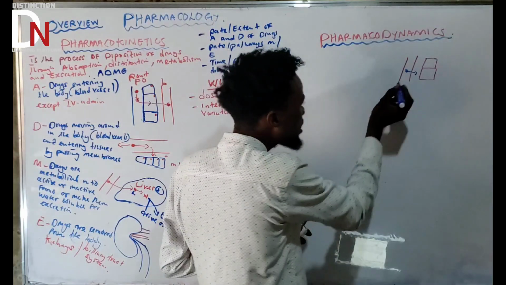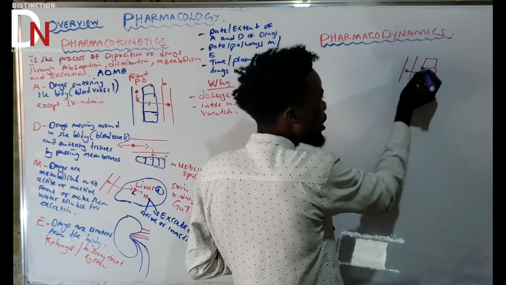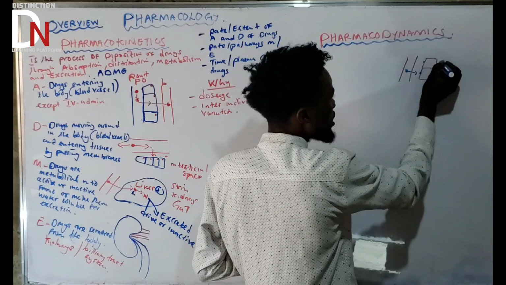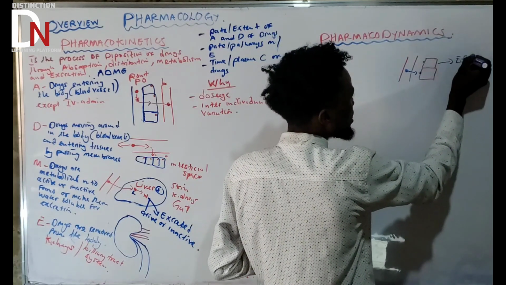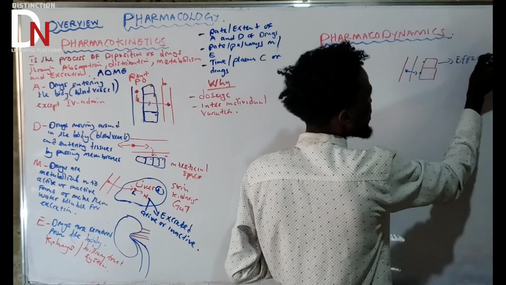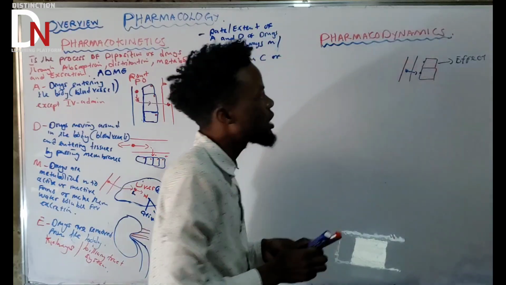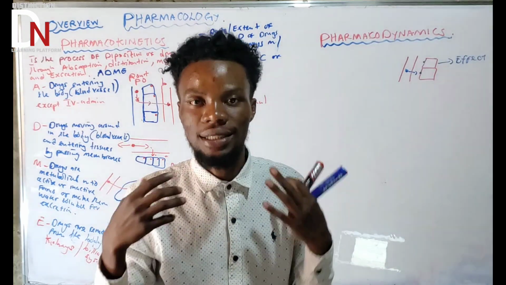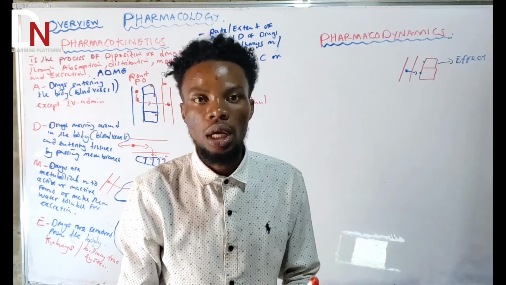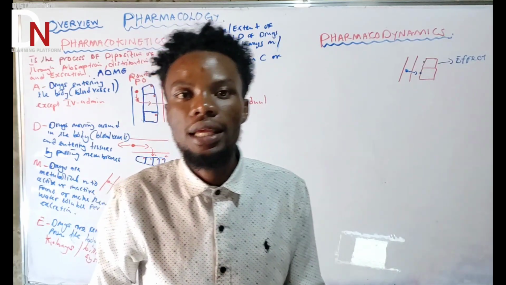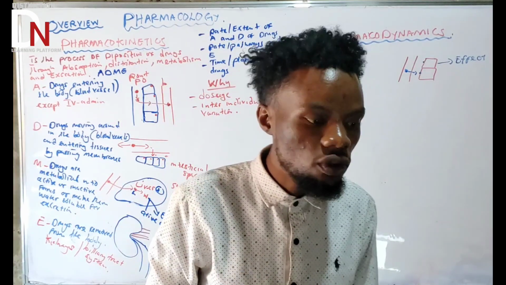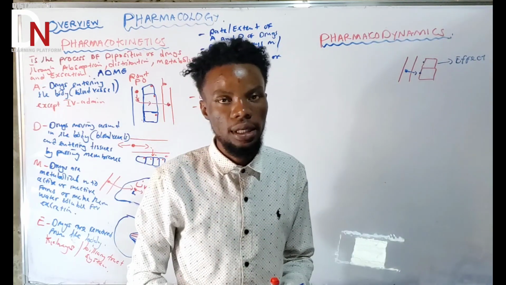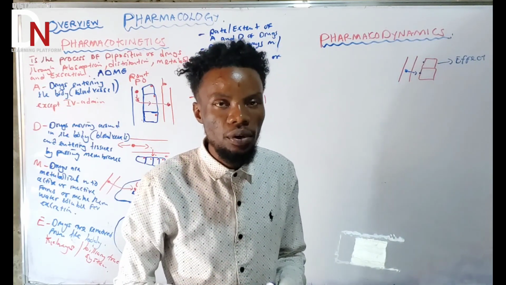So the drug is going to interact with these cells so that they can produce a desirable pharmacological effect. That's all about pharmacodynamics: how a drug interacts with tissues. After interacting, we expect an effect, whether a therapeutic effect or a clinically desirable effect.